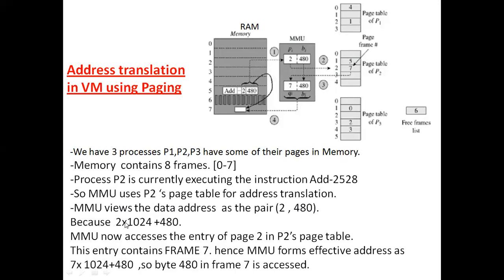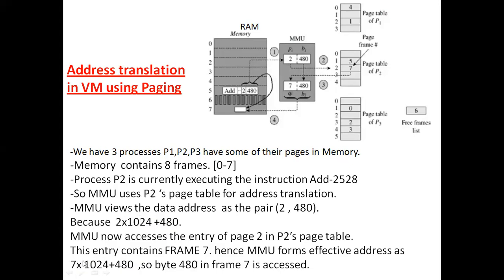So here, the size of each frame is 1024 bytes, along with 480 being the offset. The actual physical address will be 7 into 1024 plus 480, where the offset is maintained the same. But this page number 2 is now replaced with the frame number. Frame number, what is it? 7.